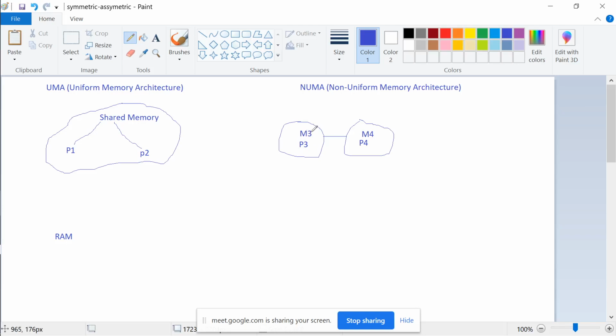So if you dedicate a memory to the processor, then definitely it is an advantage to the processor in a way, right? But if it has to be shared, then yes, there can be an issue with sharing between other memories. So you can say it's like your local memory.